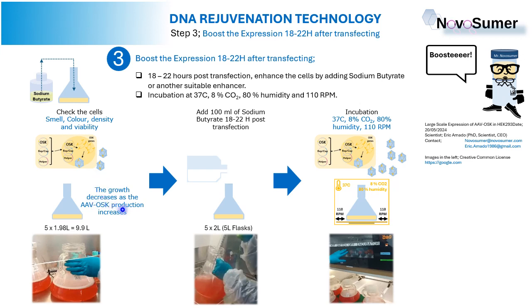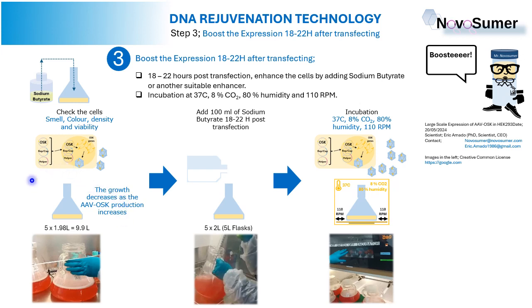And the growth of the cells decreases as the production of EVOs increases. So we will see the growth decreases, so it will not double anymore in number. In fact, it will be steady.